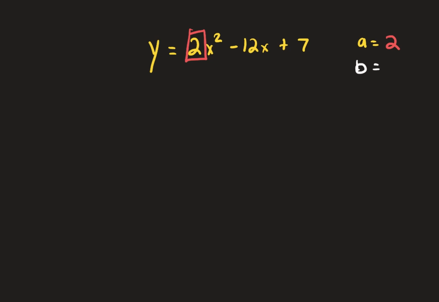My b value is the value that's out in front of my x, including the symbol, so that's negative 12. And my c value in this case is 7. So I've got my a, b, and c all listed.